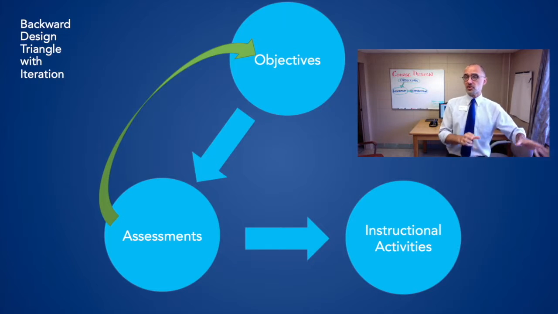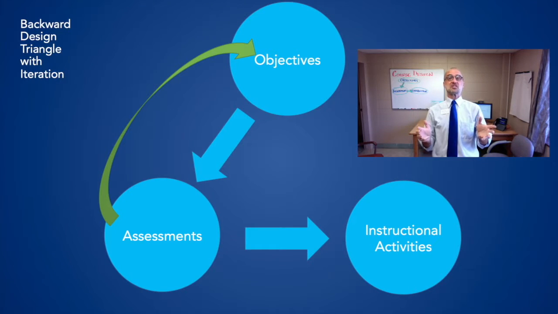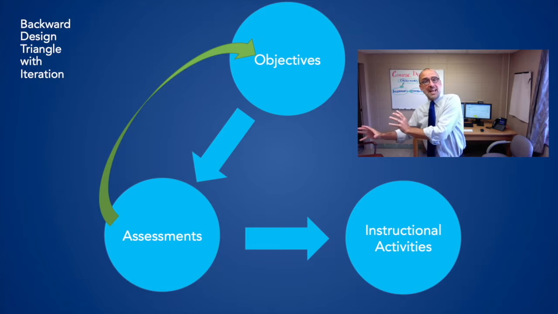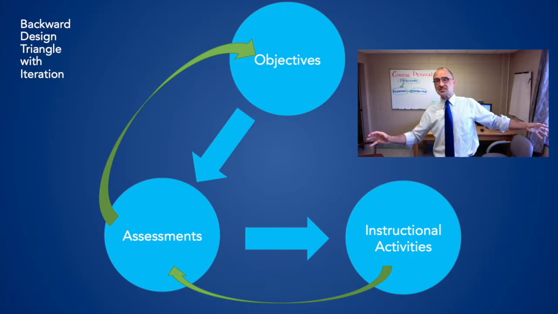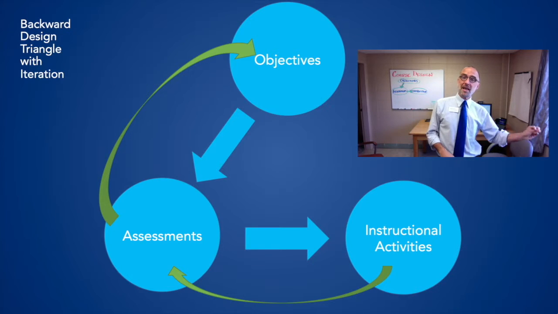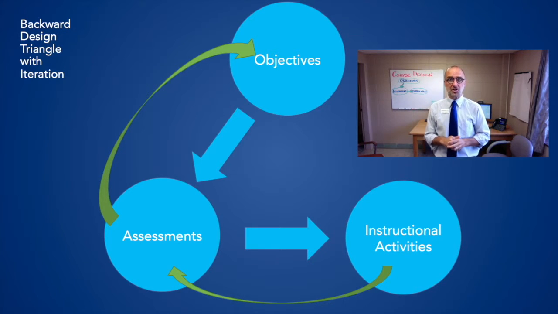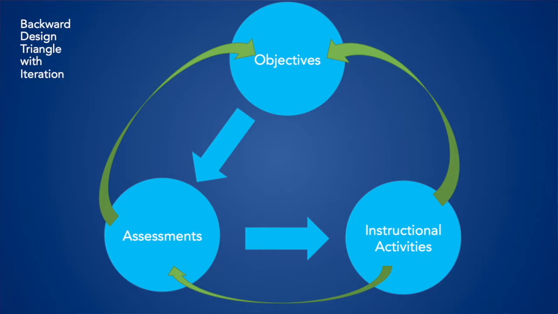Or you might do a certain activity in class and find it's really successful, but you didn't actually assess everything that was discussed in that activity. And so maybe you'll change your assessment based on the good experience you had with your instruction. These nodes can all inform each other in this model.